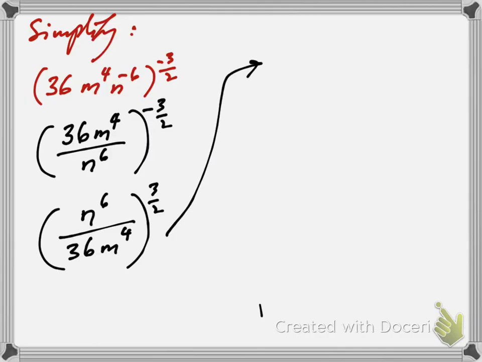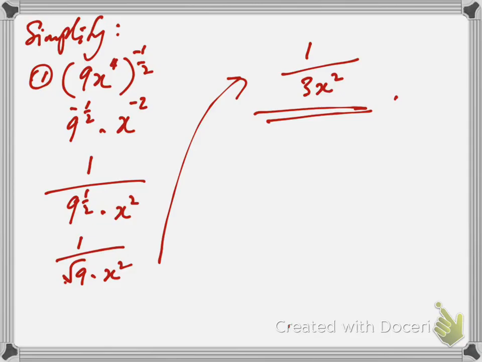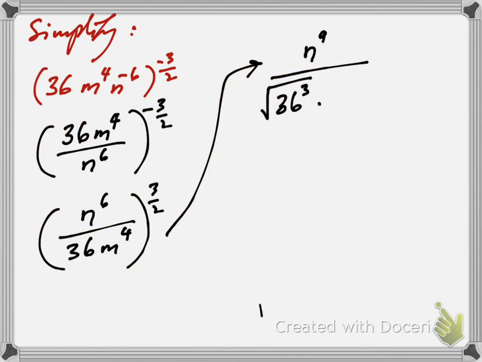So you multiply the power to all of them. 6 times 3 is 18, divided by 2 is 9, so n to the power 9 over 36 to the power 3 over 2, times m to the power 12 divided by 2, which is m to the power 6.